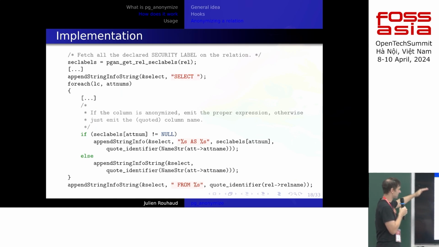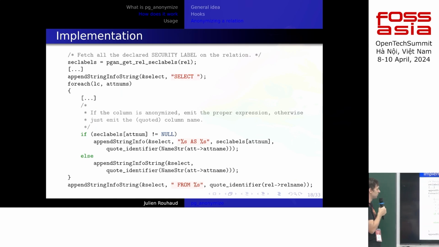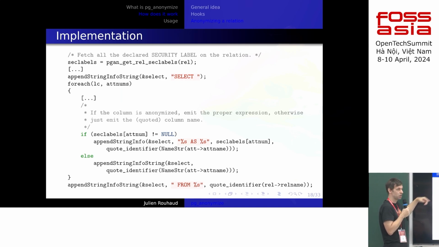PG anonymize, that's a short extract of the code. First, I get all the security labels, which is a list of, for each column, the expression you want to use, if any, to anonymize the data. I start by outputting a select, and then I loop over all the attribute numbers, which is like column 1, column 2, column 3 of the relation.